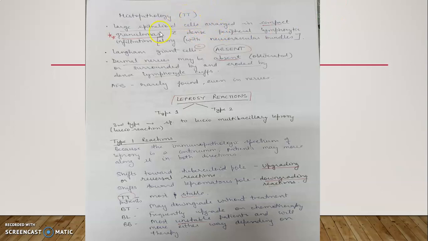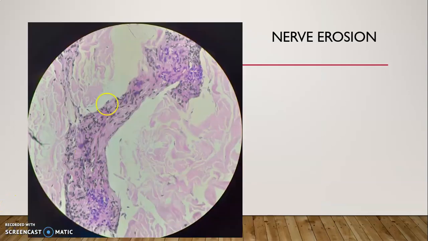Absent in TT, present in BT, while granulomas are seen in both BT and TT. Dermal nerve may be absent or obliterated or surrounded and eroded by the dense lymphocytic cuffs. AFB are rarely found even in nerves. This microphotograph is showing the destruction of the nerve by the epithelioid cells and lymphocytes.